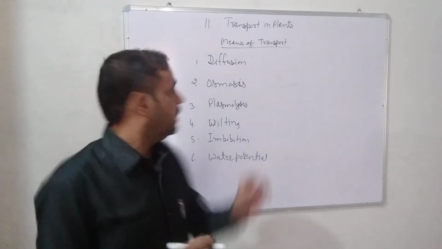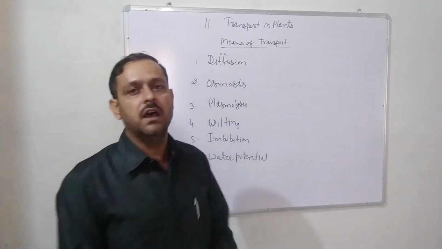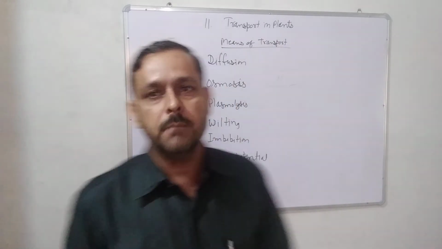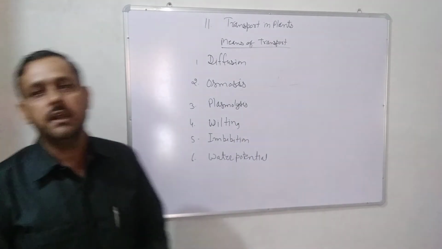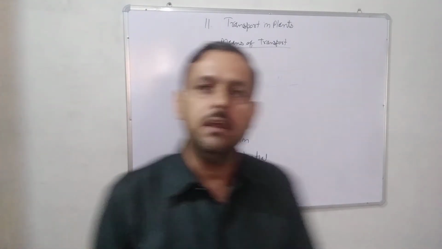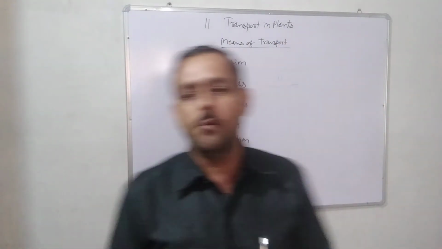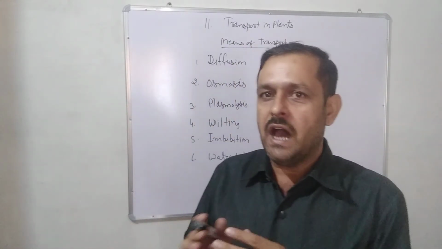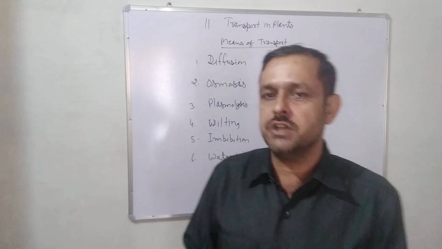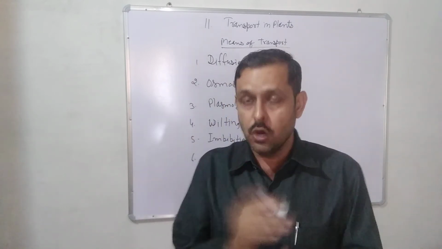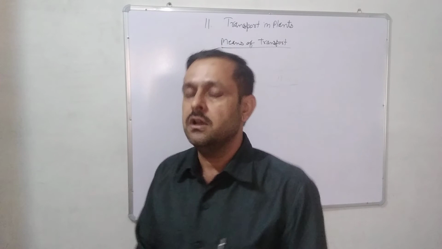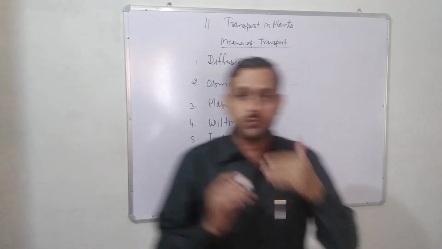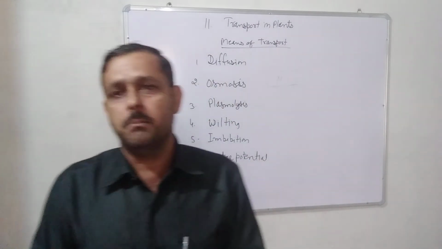And the second thing, this diffusion activity happens in all media, means solid, liquid and gases, but the osmosis activity is performed only in liquid form, means the movement of molecules of liquid from their higher concentration to lower concentration, or we can say from their lower concentration to higher concentration, with the help of a semi-permeable membrane.